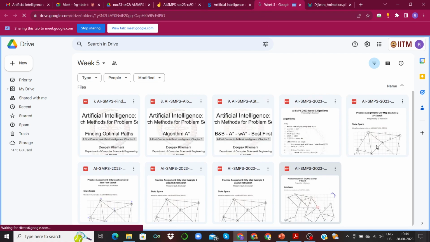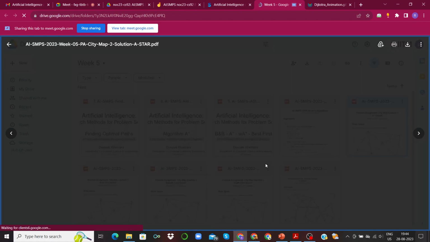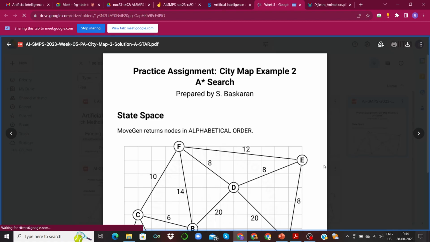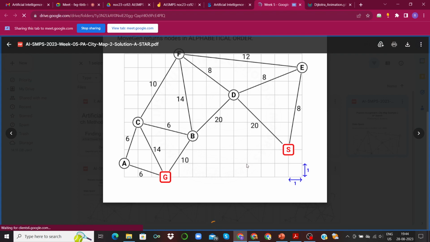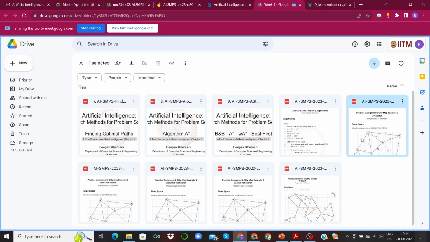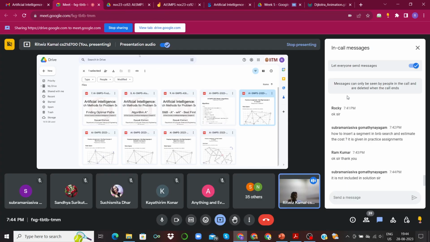You have different practice assignments, and I'm sure they would have solutions as well. So you can go through this. Bhaskaran sir has put in quite a lot of effort to prepare these. There's some issue with the loading of this particular PDF, but if you go through the different practice problems here, I think your issue will be resolved. Okay, it's not included in the solution.